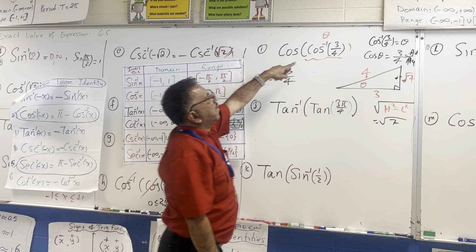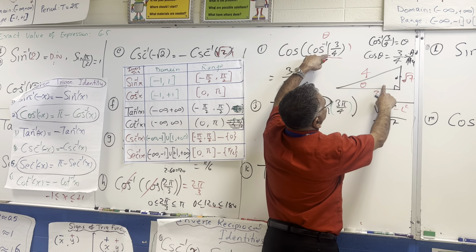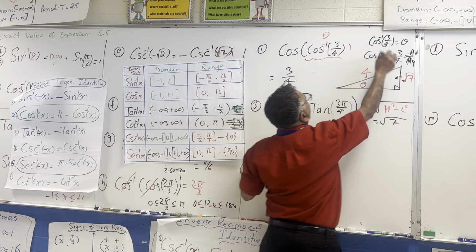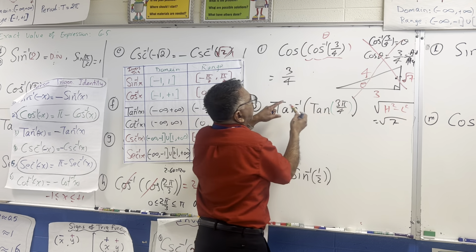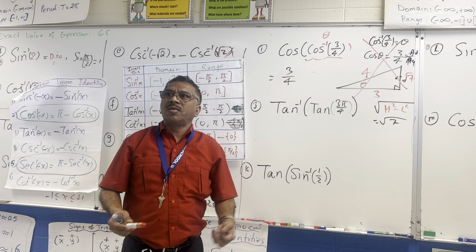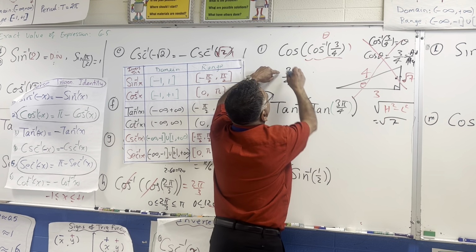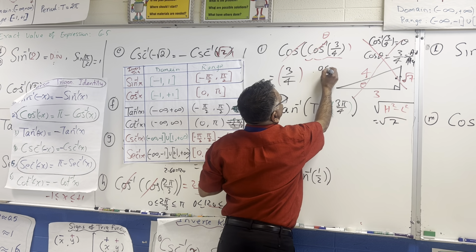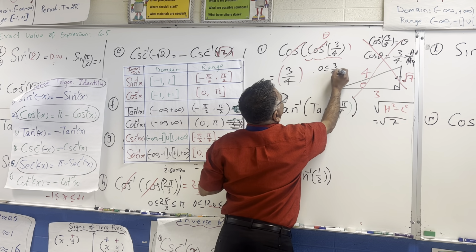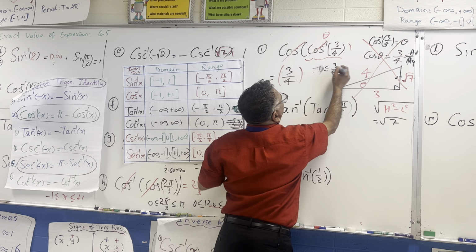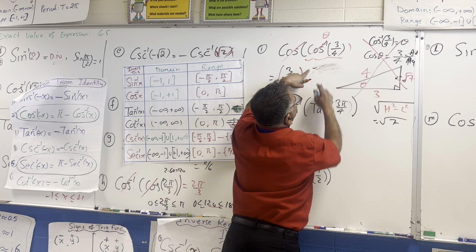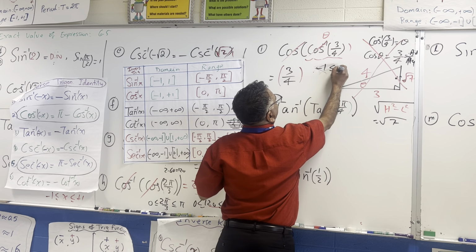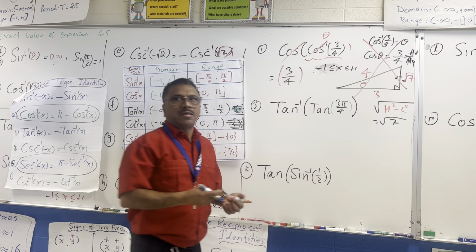Again I repeat, first make a triangle out of this, cosine is 3/4, find the other side. Basically you don't even have to do this here, I just wanted to show what you do in case it was a different value. Basically you get the same thing, just cross it out. How can you cross out? Because this 3/4 is between -1 and +1. So we can easily do that.